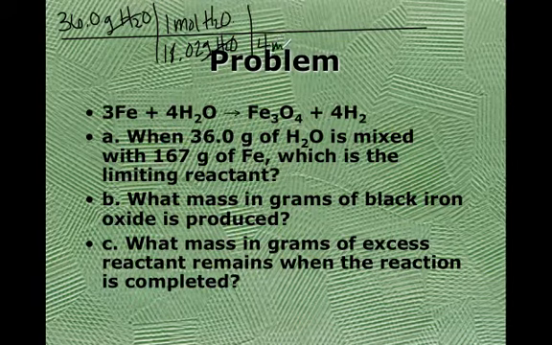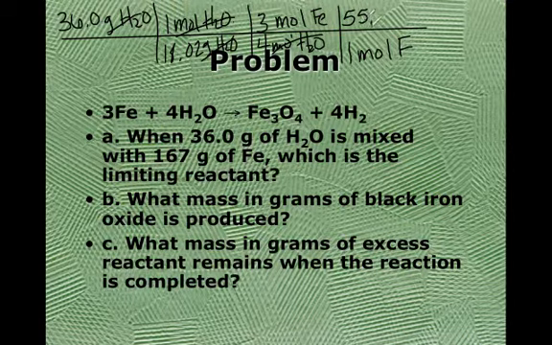Yep. From the coefficient, and on top would be the iron. So then we're going to convert moles of iron back into grams since this number is in grams. 55.85.